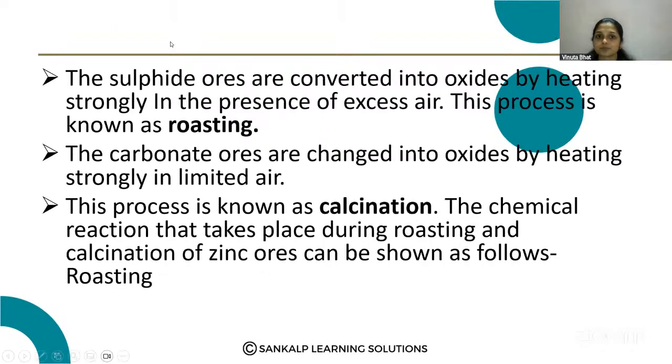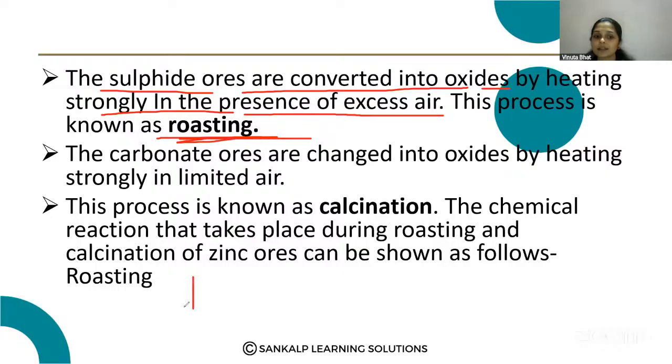See the next line: the sulfide ores are converted into oxides by heating strongly in the presence of excess air. This process is known as roasting. For example, take iron sulfide, FeS.